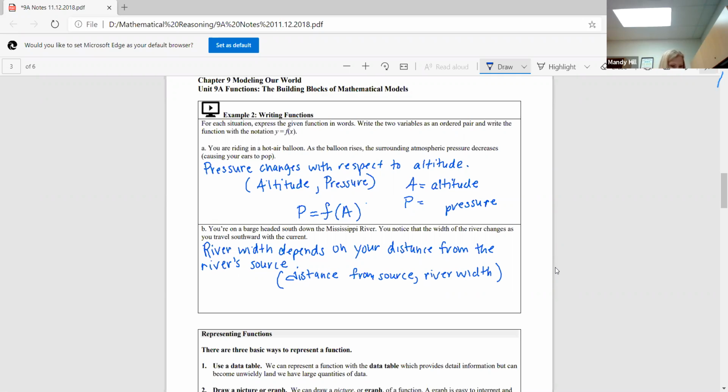So if we let W represent the river width, and we let D represent the distance, then our equation would be, well, the river width is a function of the distance from the river source.